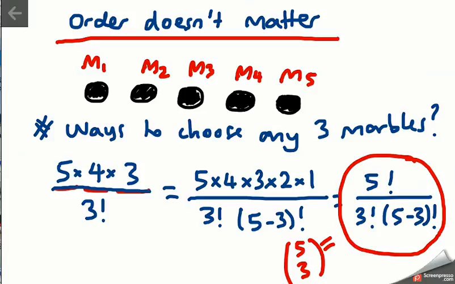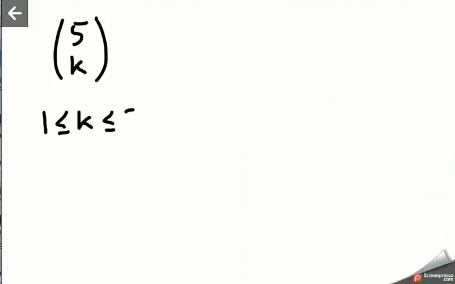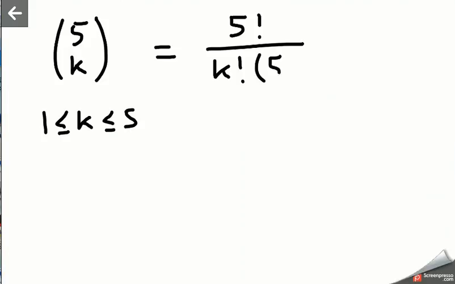And hey, maybe you've noticed a pattern here. I sure did. Well, actually, I had the pattern explained to me. I don't know whether you noticed it or not. 5 choose k, where k is at least 1 and at most 5, it turns out, and you can do this in the same way we did the rest, is actually equal to 5 factorial divided by k factorial times 5 minus k factorial.